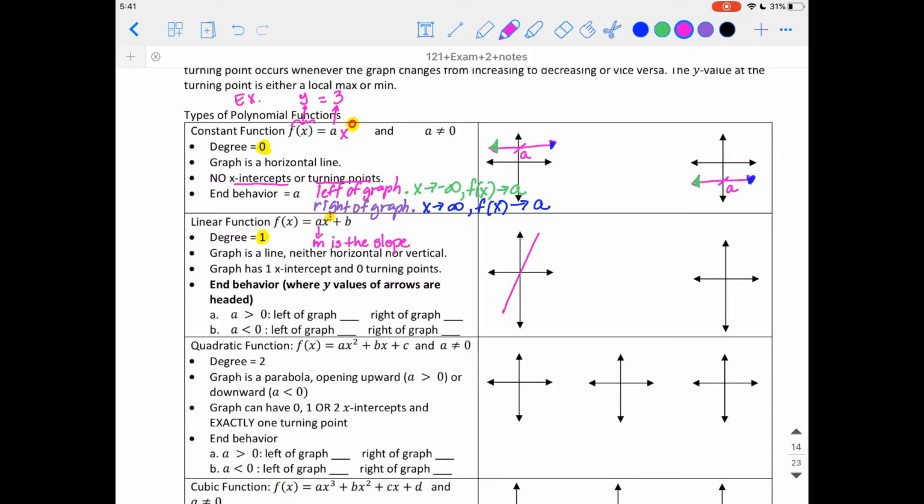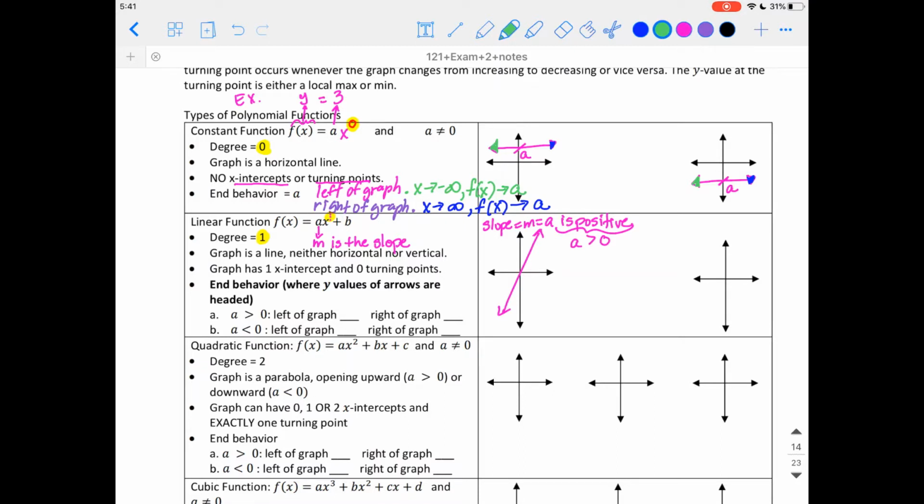And so I can have a line with a positive slope. So I'm going to put here slope, which is my m, which is my a, is positive. So another way of saying that your a is positive is that a is bigger than 0.